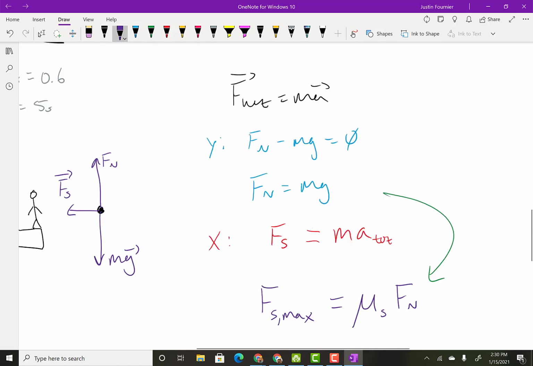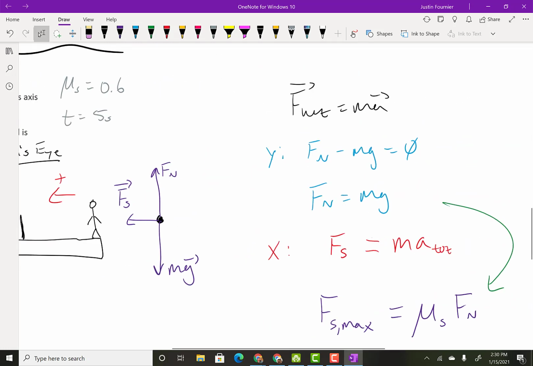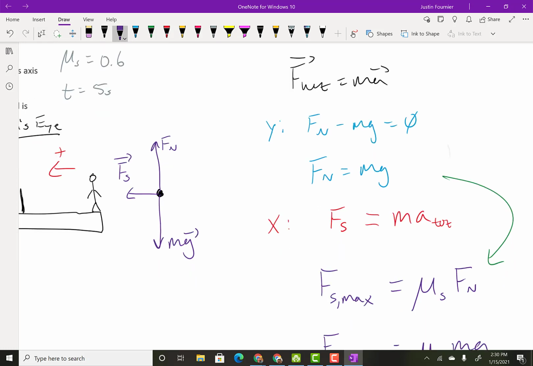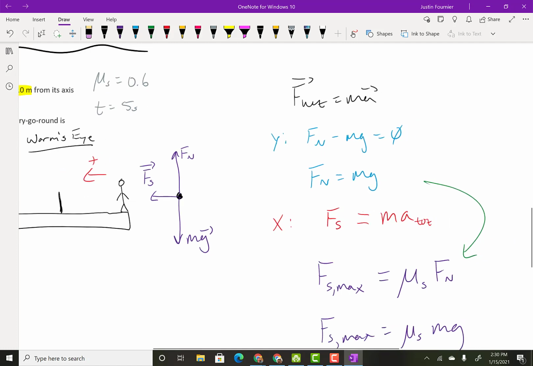Other than that, it's going to overcome, and the child's going to slip off. So I need to find out whether this term is enough to slip the child off.